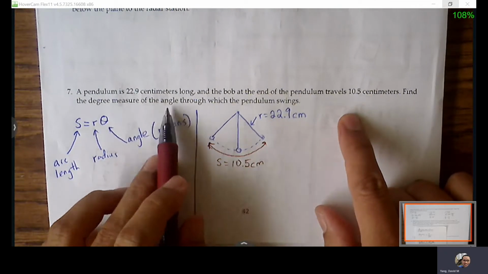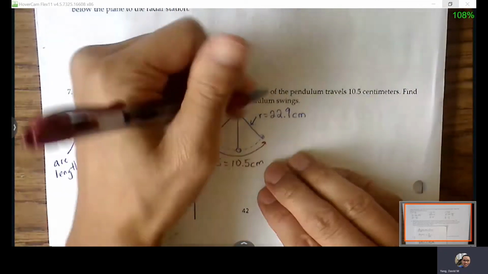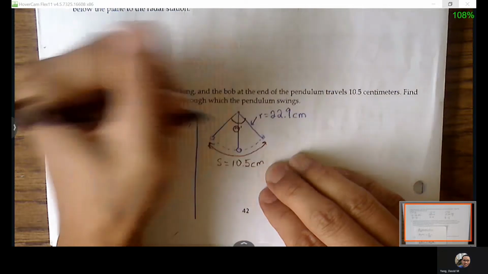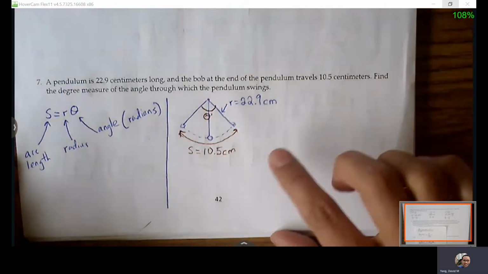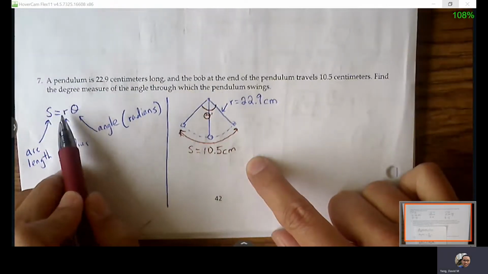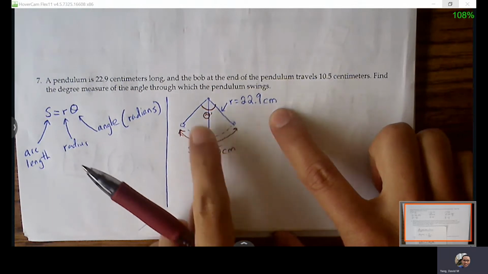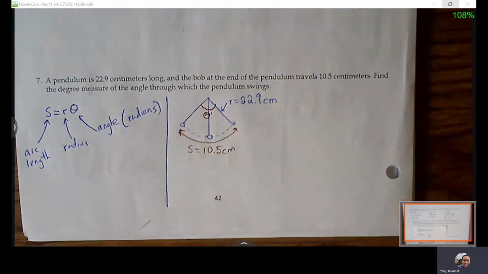Find the degree measure of the angle through which the pendulum swings. So let's find theta first, and let's see what adjustment we need to make. Okay, try that. You have your formula, you have everything that you need, and now I can find theta.